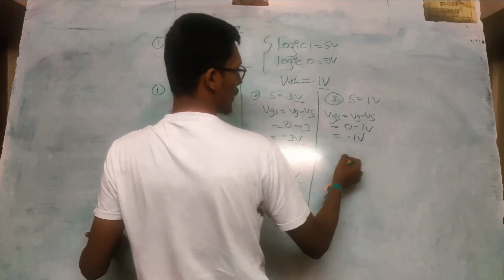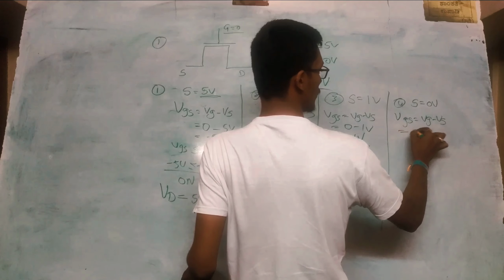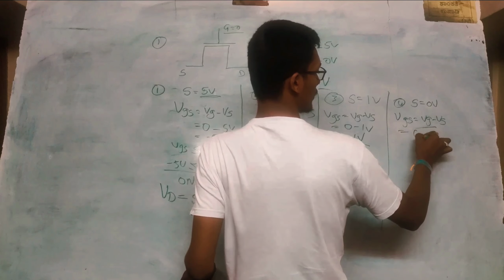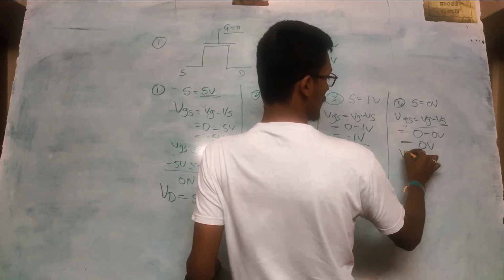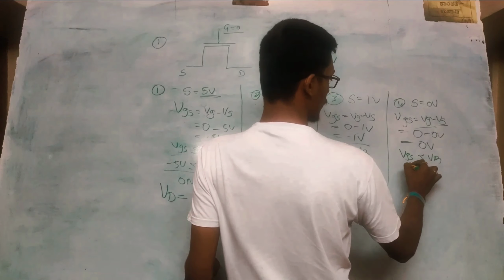My last case will be the fourth, that is S equal to 0 volts. We know VGS is equal to VG minus VS, that is 0 volts minus 0 volts, equal to 0 volts. What's the condition? VGS should be less than or equal to VTH, right? So 0 volts is not less than or equal to minus 1 volt.